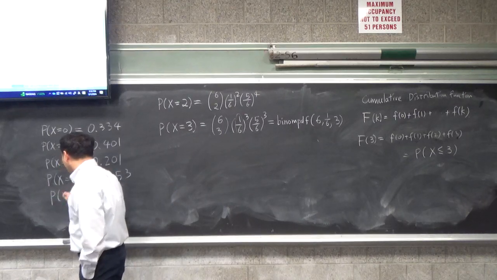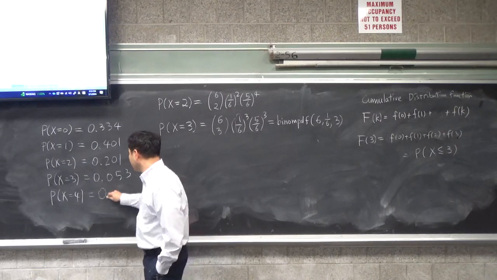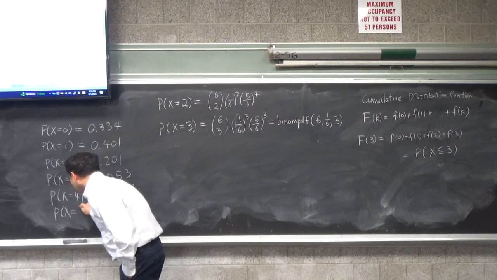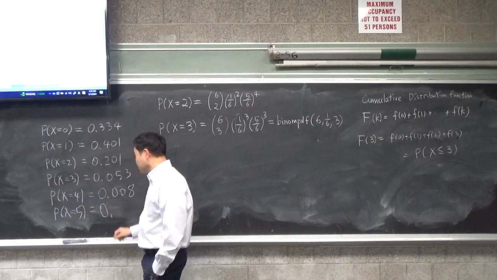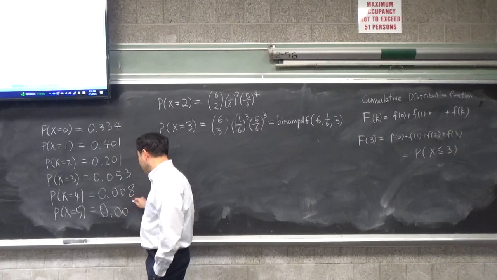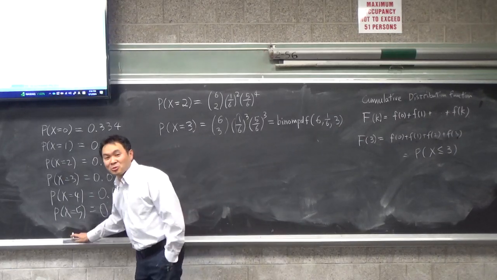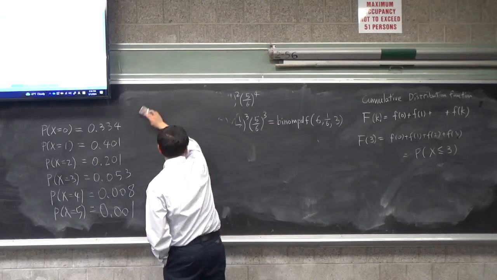P of x equals 4. 0.008. Okay. P of x equals 5. 0.001. So the 6th one is as close to 0, right? It's as good as 0.